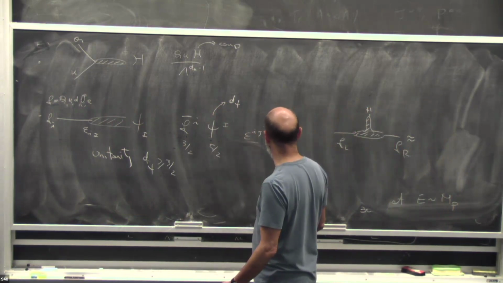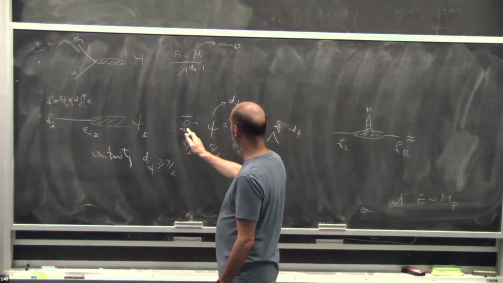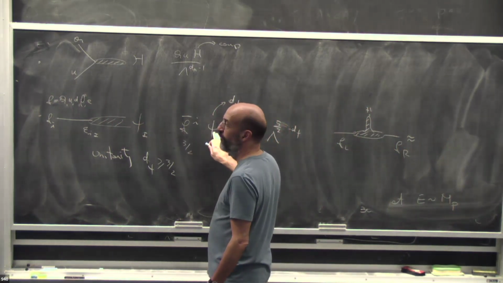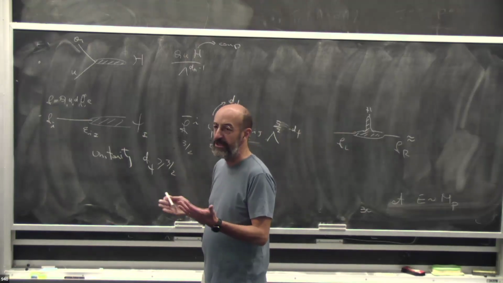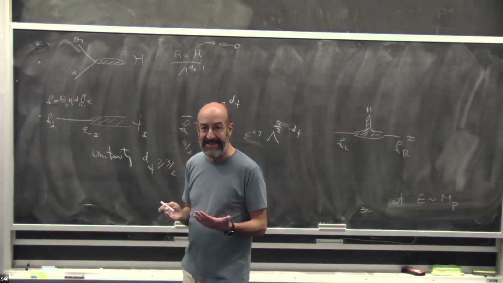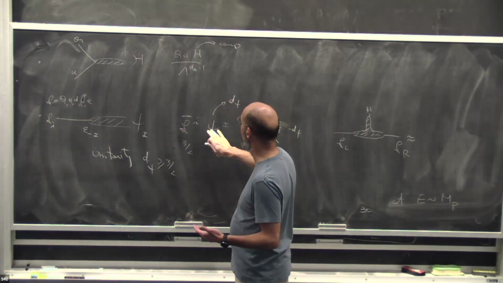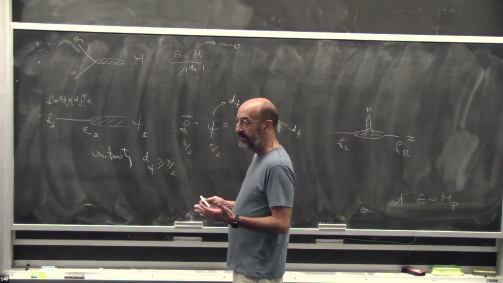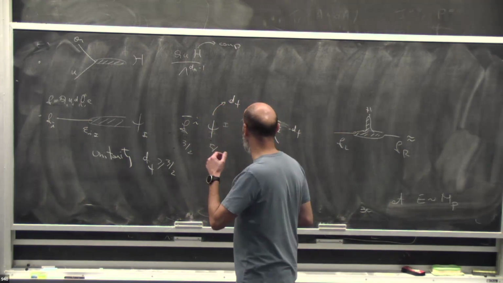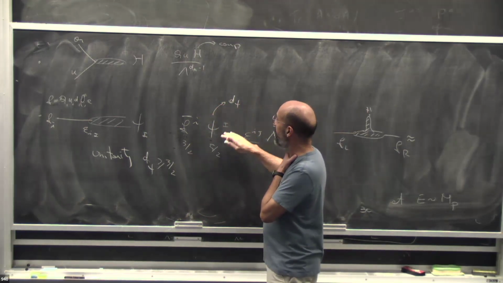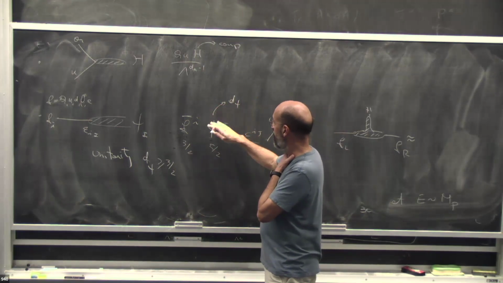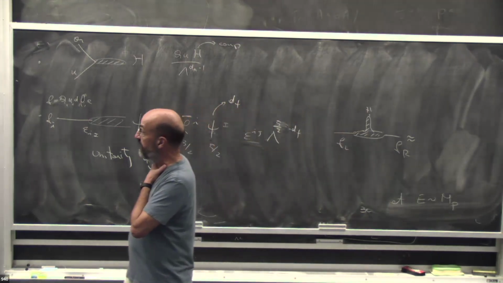This generates a mixing between ordinary fermions and the fermions, if you want. Let me tell you the story. You don't need to understand the details of this counting, but it generates a mixing between the states of the standard model and the states of this Higgs sector. These are supposed to be composite operators of the same CFT sector that contains the Higgs.